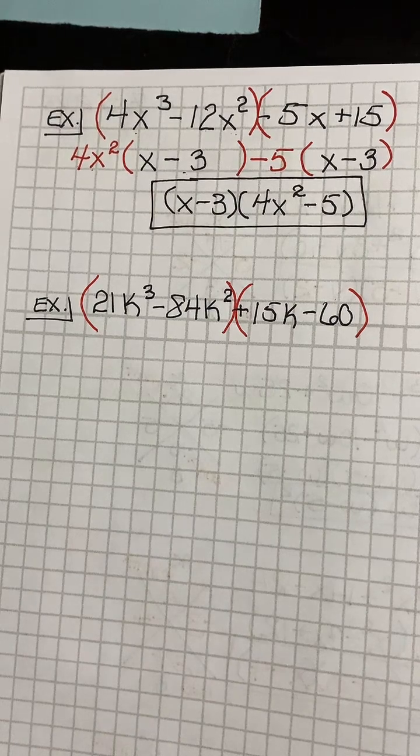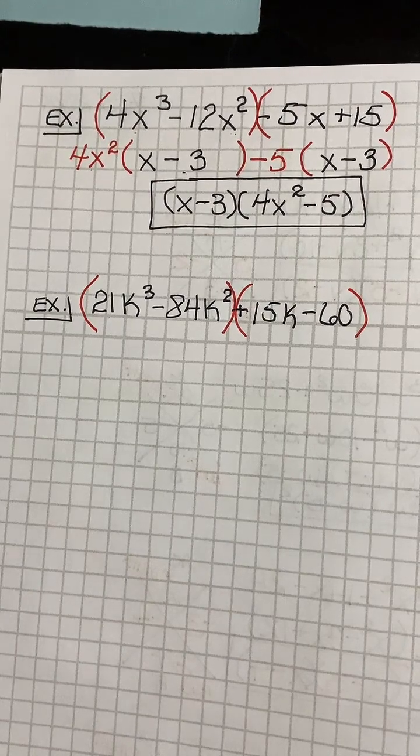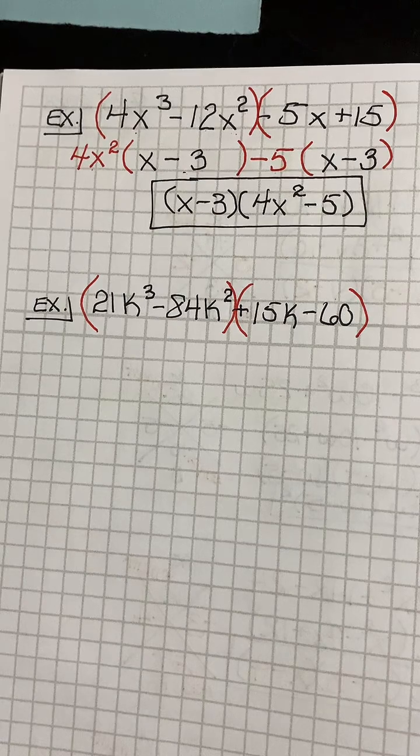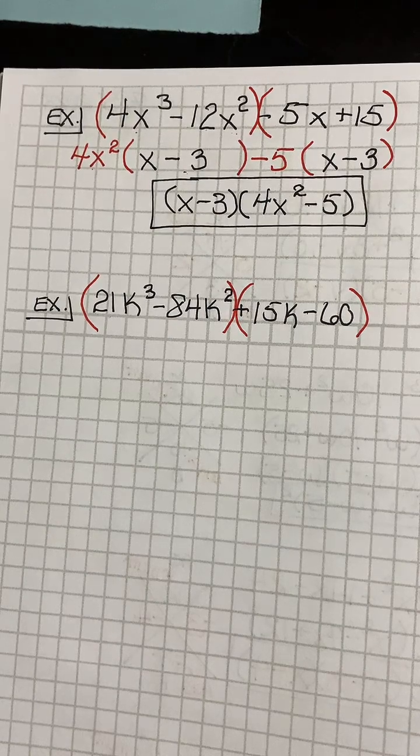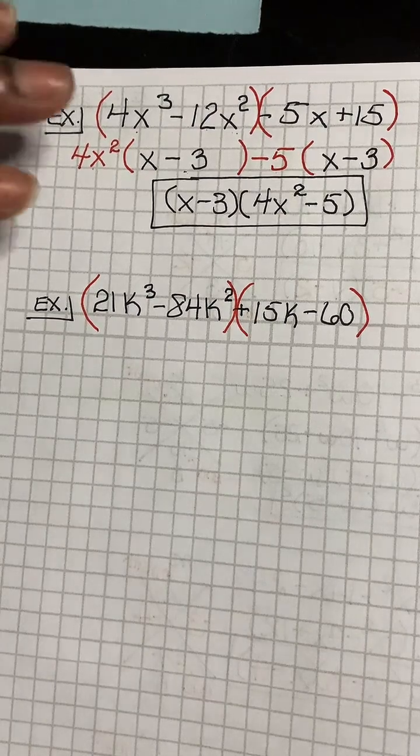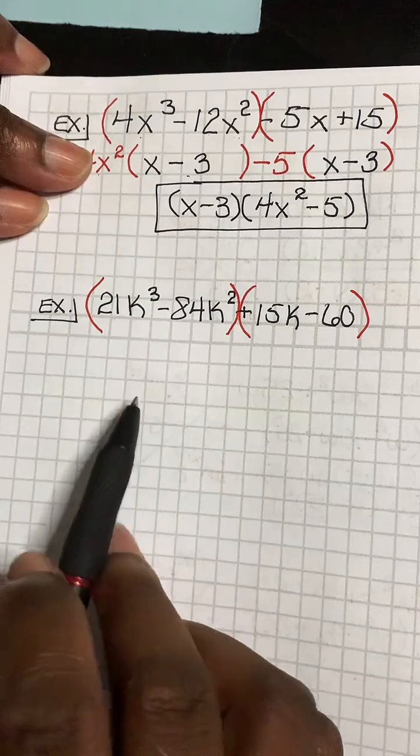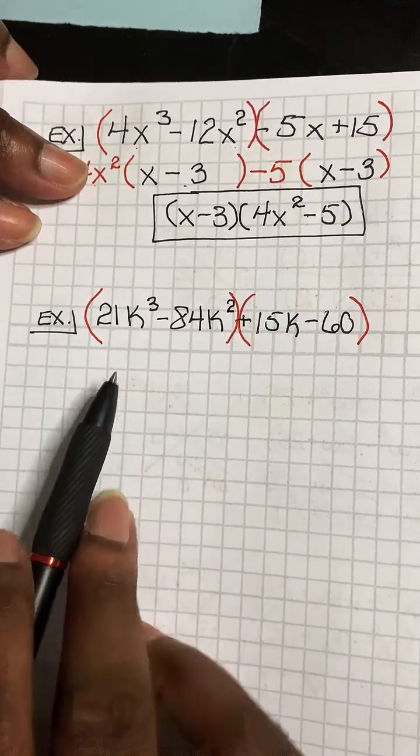So there's a battle between 7 and 21. Because 21 times what gives me 84? Okay, so we're looking for the greatest common factor, right? 7 does work, but the greatest is going to be our 21.